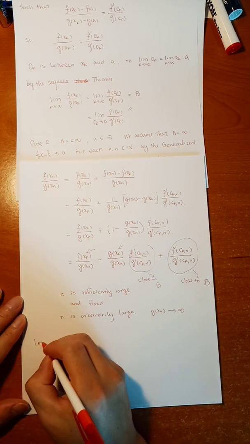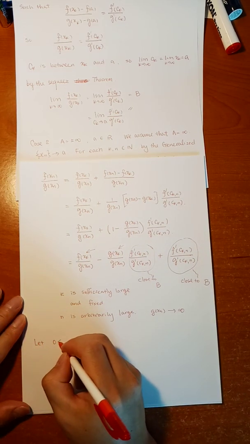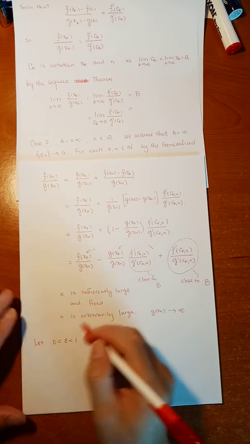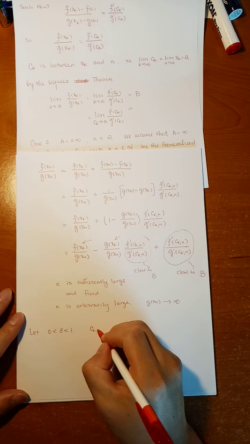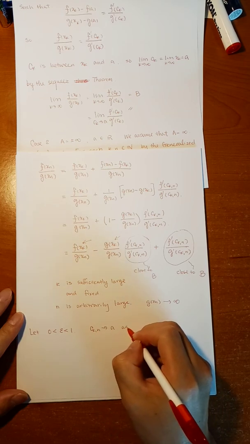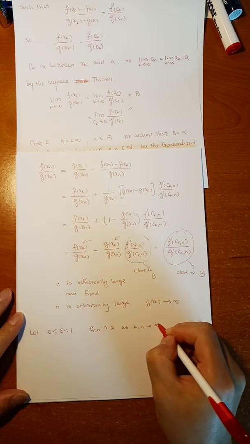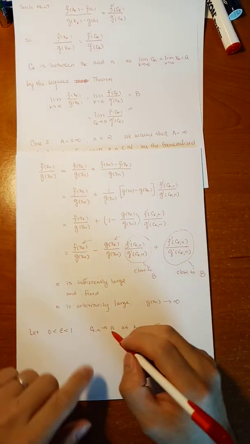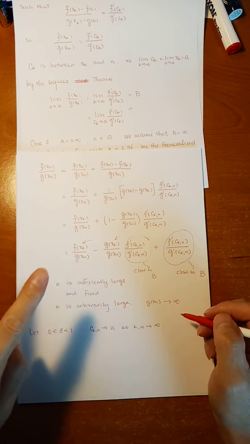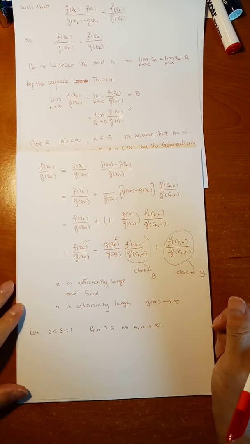So let epsilon be sufficiently small, epsilon between 0 and 1. ckn will approach a as k and n approach infinity. They have to both approach infinity, then ckn will be squeezed to a.